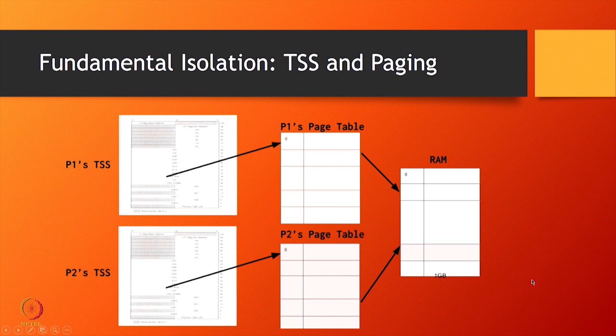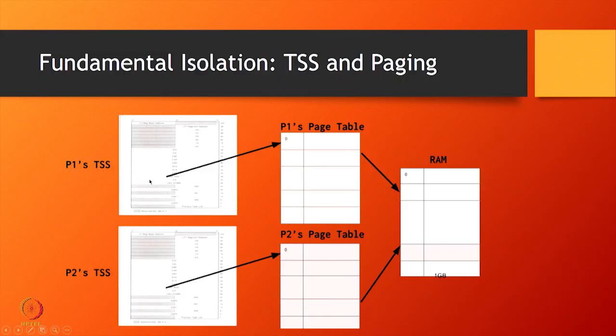So, it will start executing. When P2 is pulled out, all its current values of the general purpose registers, etc., as you are seeing on the screen, will be saved in the P2 task state segment, and then P1 will be restarted. What do you mean by restarting P1? The content of all these general purpose registers, stack, etc., will be reloaded into the different registers, and then P1 will restart. This is how something like round robin scheduling works.